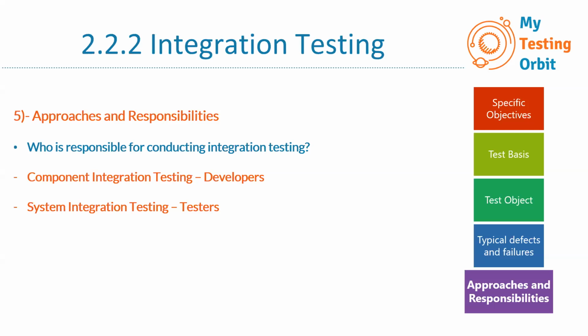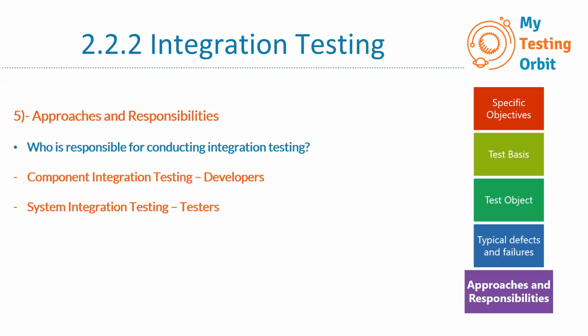Now coming to integration testing. The component integration testing is done by developers, because that's the time when developers are still coding, still developing the system. So with each new component, when they integrate it with the previous components, they have to perform component integration testing.